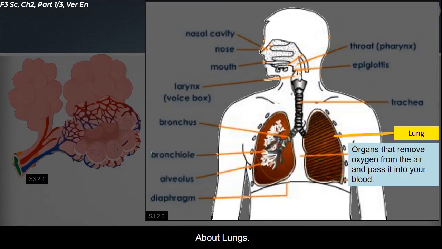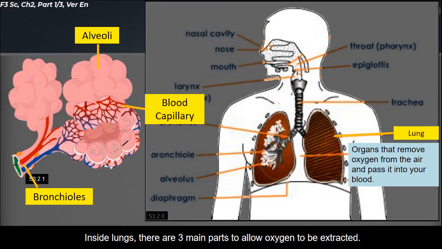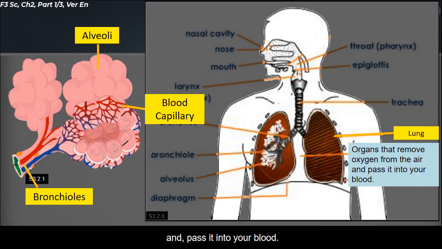About lungs. Lungs are organs that remove oxygen from the air and pass it into your blood. Inside lungs, there are 3 main parts to allow oxygen to be extracted and passed into your blood. They are bronchioles, alveoli, and blood capillary.